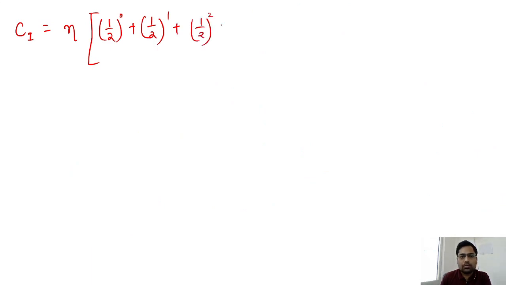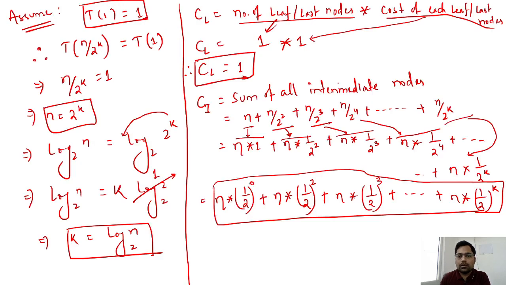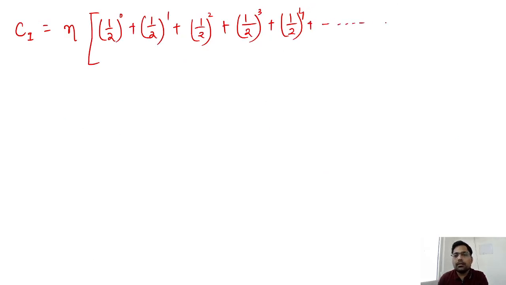CI is n, you take it common, not an issue. 1 by 2 to the power 0 plus 1 by 2 to the power 1 plus 1 by 2 square, 1 by 2 cube plus 1 by 2 to the power 4, dot dot, and so on up to 1 by 2 to the power k.